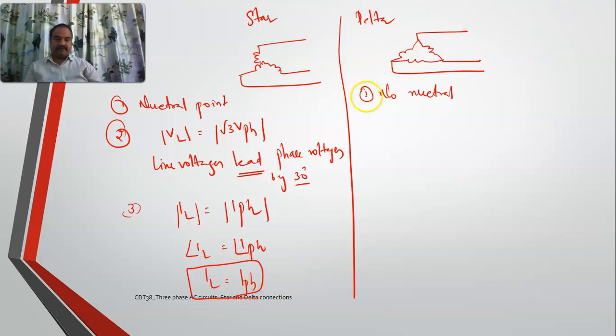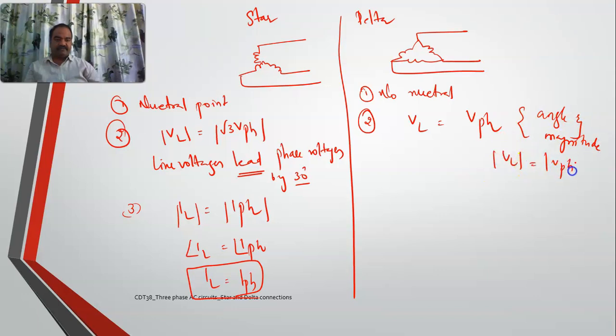Whereas in delta connection, VL is equal to V phase, both angle and magnitude, which means VL magnitude is equal to V phase magnitude, and VL angle is equal to V phase angle. But for currents, IL magnitude is root 3 I phase.